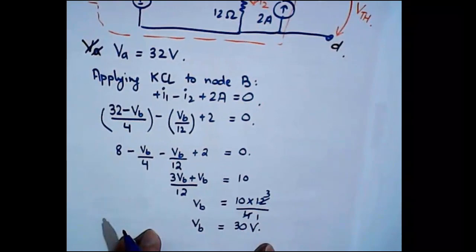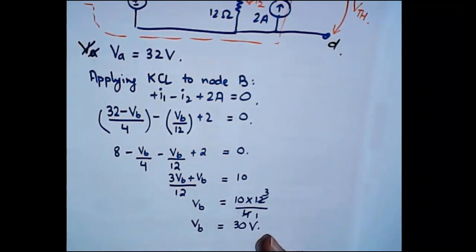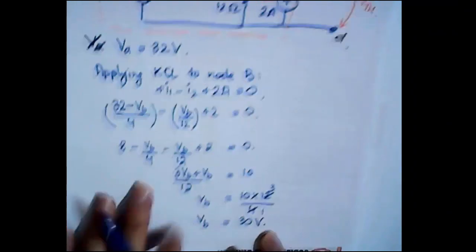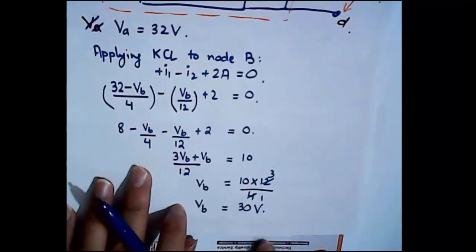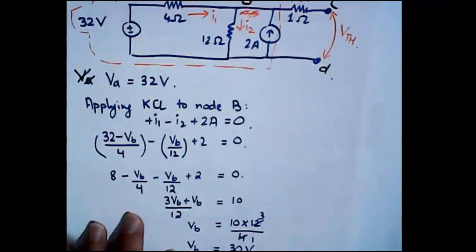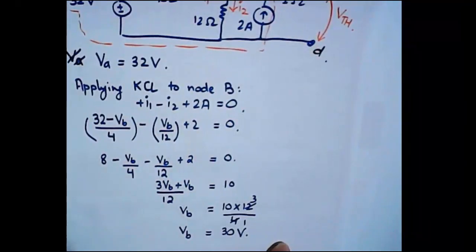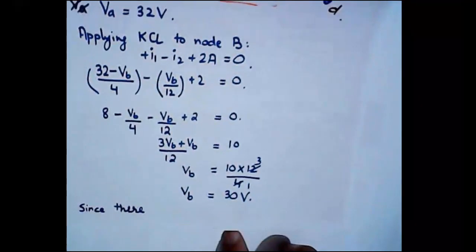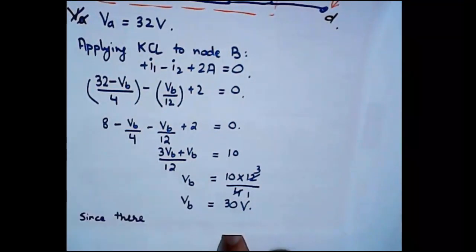And we know that the Thevenin voltage, right? Since there is no current through the 1 ohm resistance, so let's write it here also, that since, let me adjust the paper, I hope it's visible now, yes.